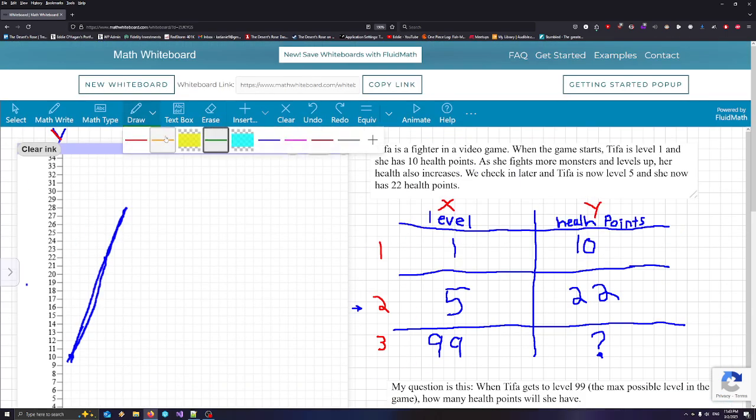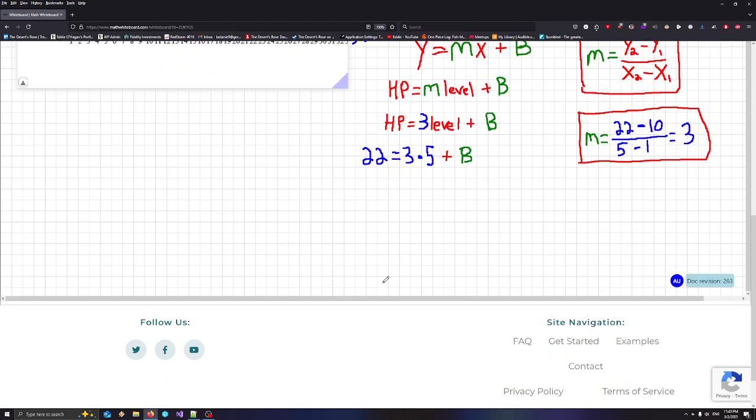So we'll just solve some of this math real quick. We got 22 equals 5 times 3, 5, 10, 15. So we got 22 equals 15 plus b. And then we can subtract over the 15. Do some algebra.